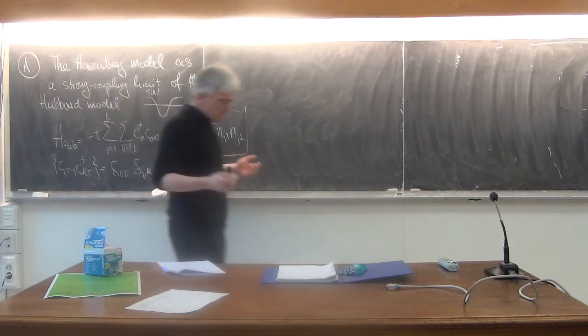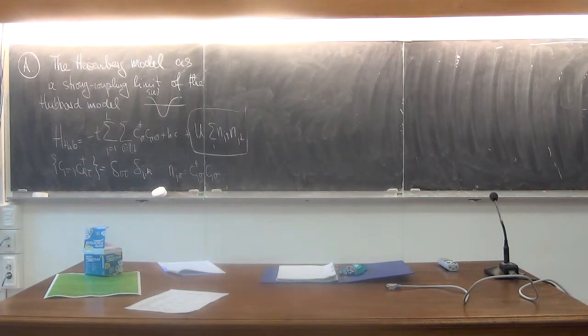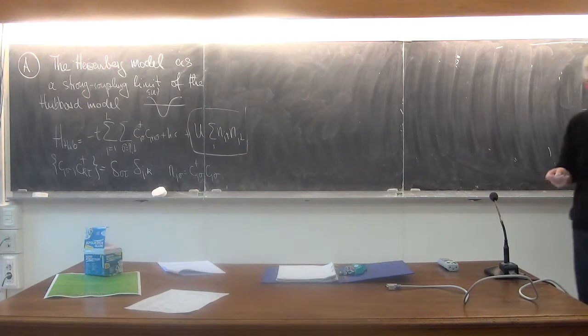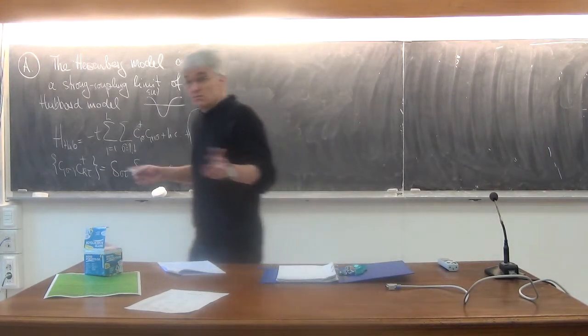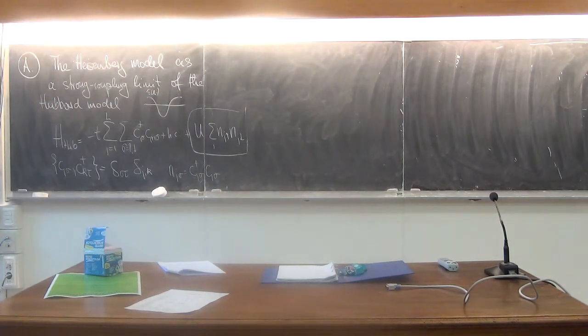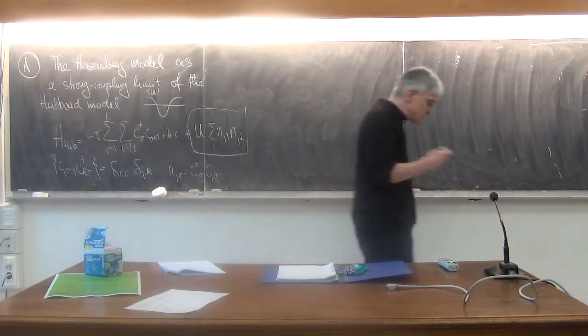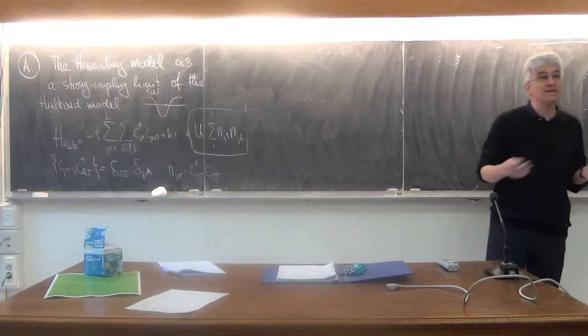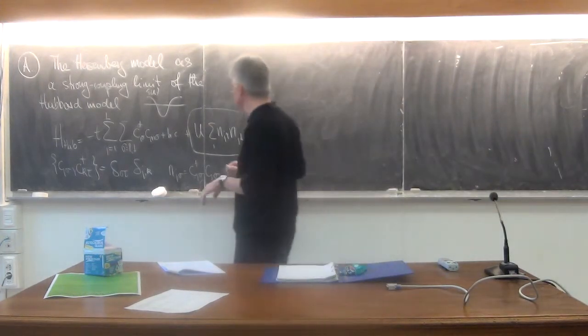If you study conduction in solids, you usually start with band theory. You would have a band of electrons which interact by Coulomb interaction, which is long range. But then typically there's something called screening, which tells you the actual interaction these electrons feel is not long range, it's a short range interaction.